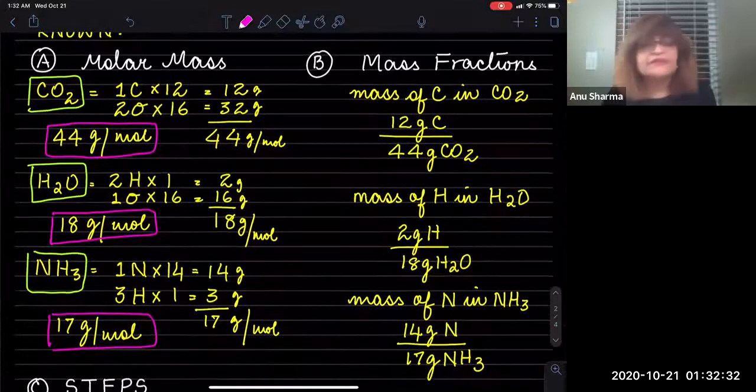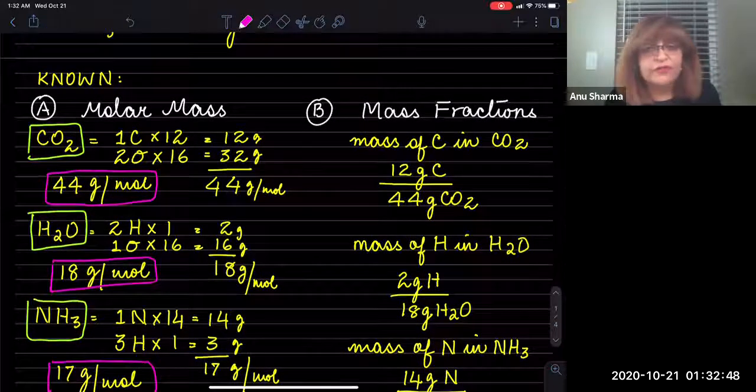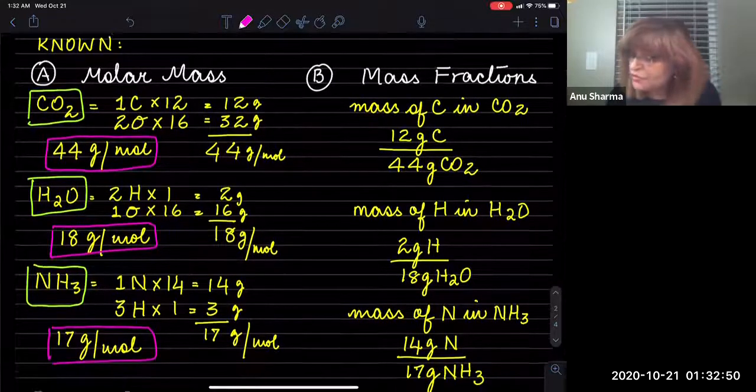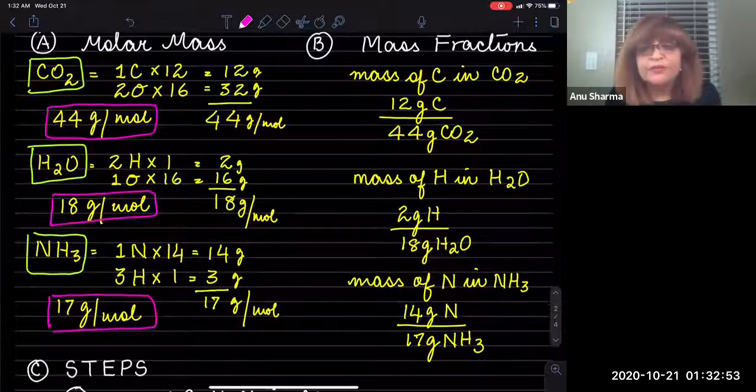So next are the mass fractions. Now, what is the meaning of mass fractions? How much carbon is present in carbon dioxide? The mass of carbon in carbon dioxide. That is the mass fraction. In other words, this can be used as a conversion factor. So 12 grams of carbon is present in 44 grams of carbon dioxide.